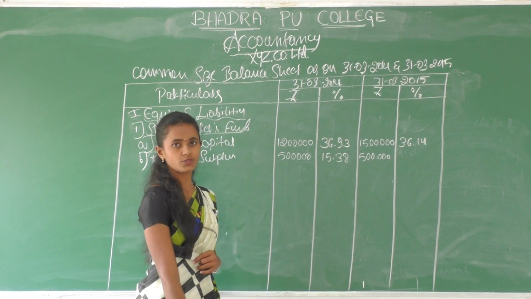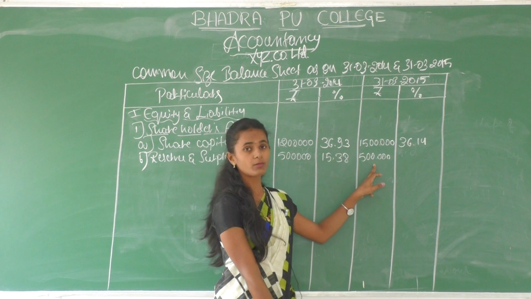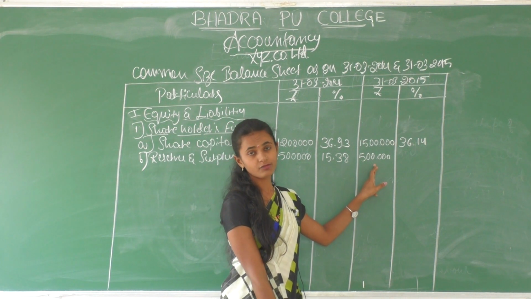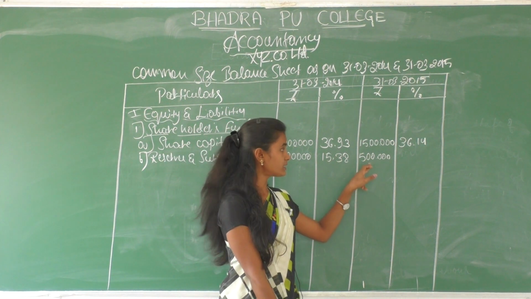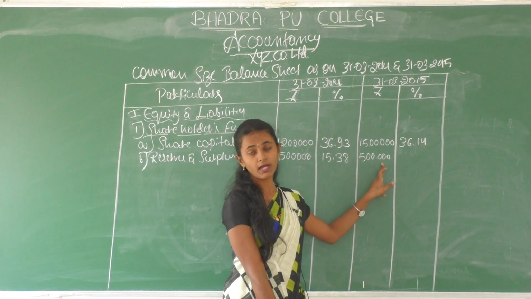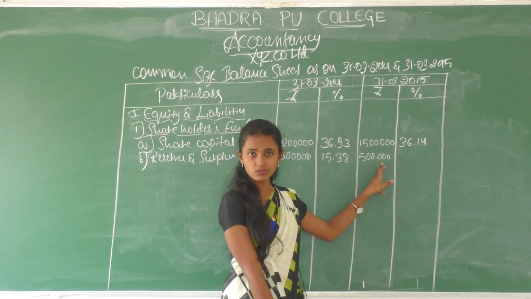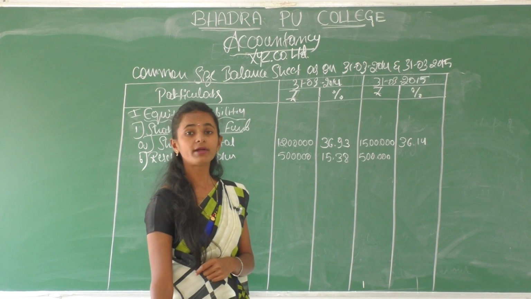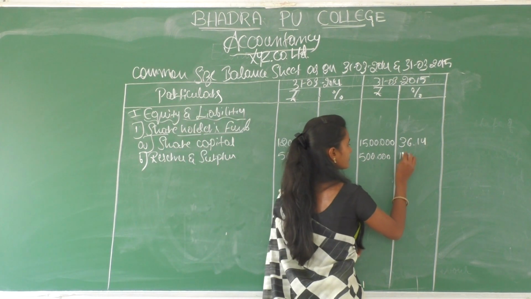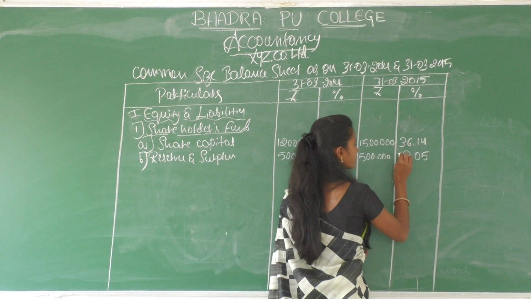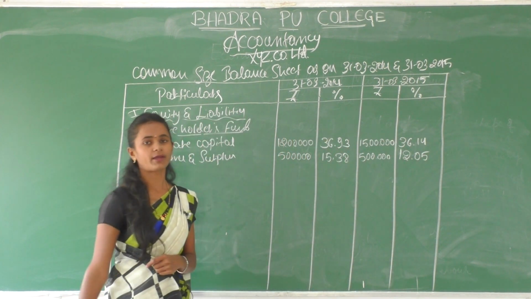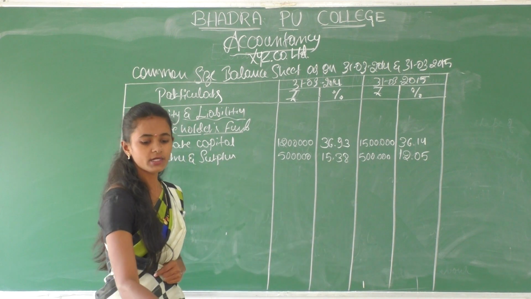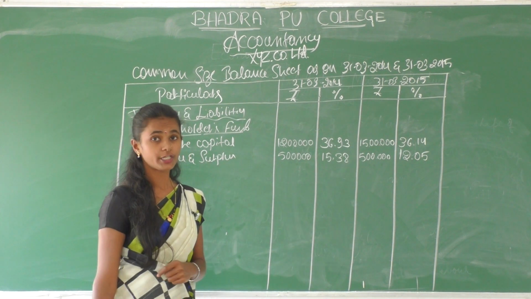And here our common value is 41 lakh 50,000. So the calculation is again 5 lakh divided by 41 lakh 50,000 into 100, then you will get 12.05.